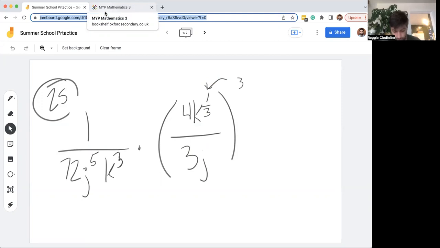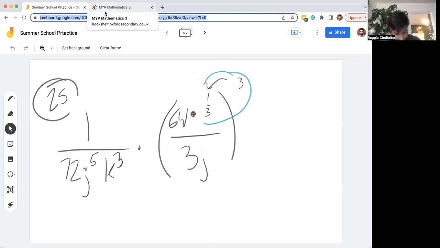So first I need to do 4 cubed, which is 64. And then k to the 1/3 cubed, I'm going to use my power of the power rule right there. And I'm going to get 1/3 times 3, which is just 1. So I'm just going to have a k here.